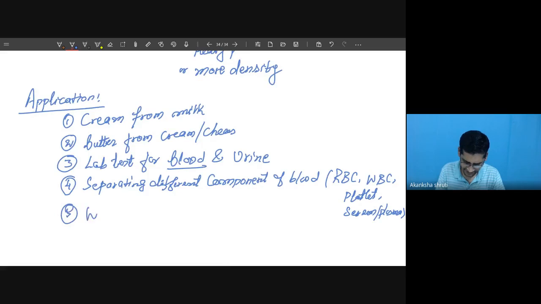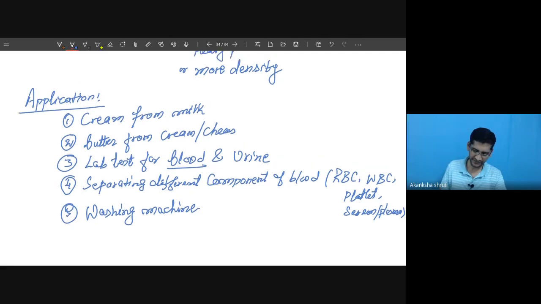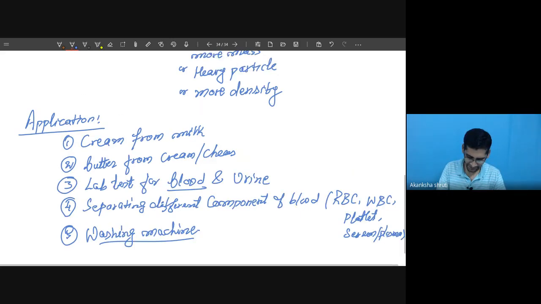The washing machine. In the washing machine there is a squeezing mechanism to remove the dirt from your cloth. Okay, you are already aware. So these are the important applications.